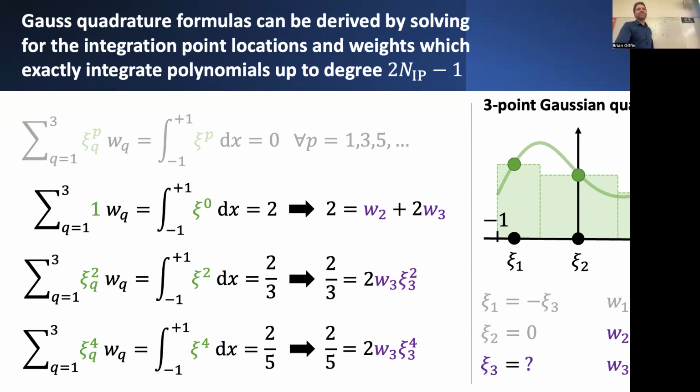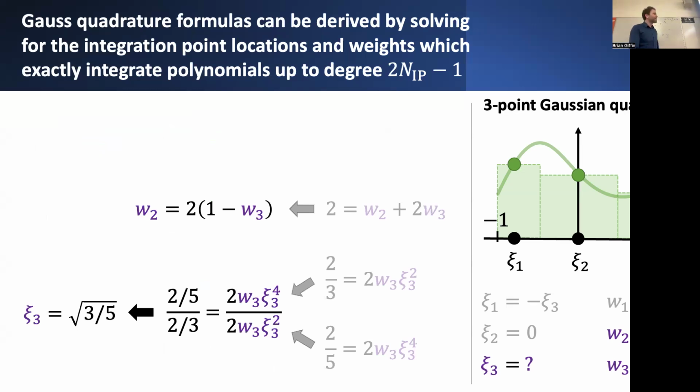I can proceed in solving for the unique values, first by noting that the first of these 3 discrete equations gives me a way of expressing the value of this second integration weight in terms of the third integration weight. I can also note that by combining these 2 expressions, determined from the integrals of c squared and c to the 4th, if I divide this expression by this expression, then the terms involving w3 cancel out, and all I'm left with is c3 squared.